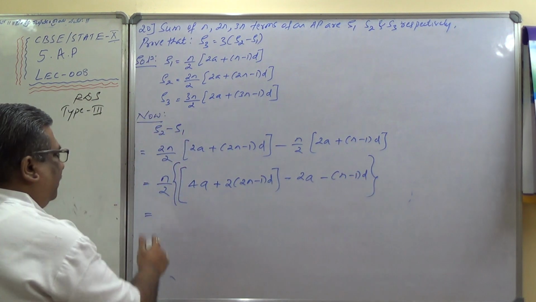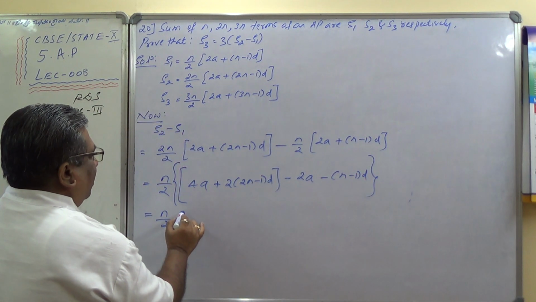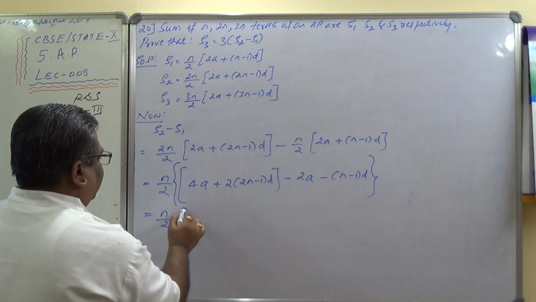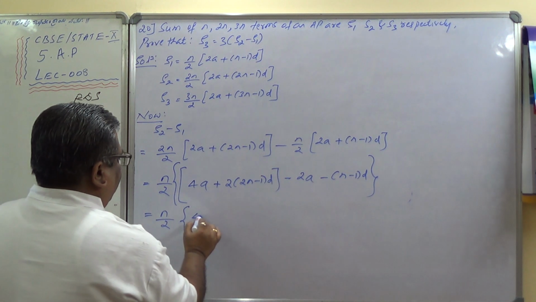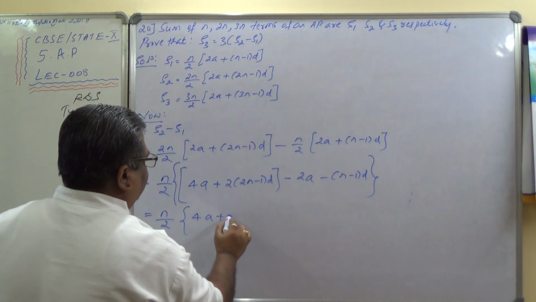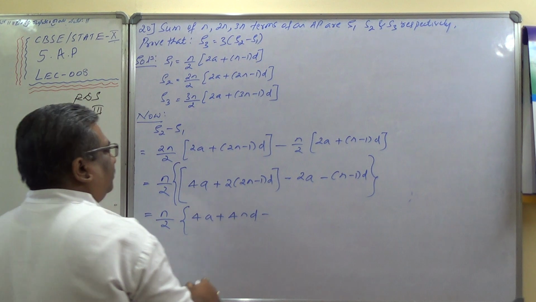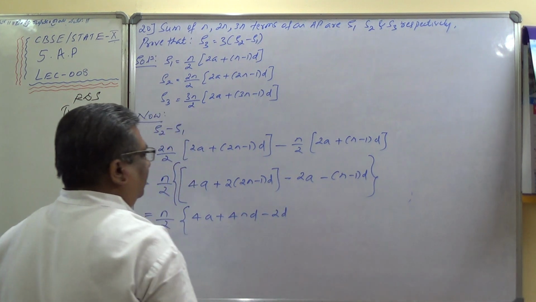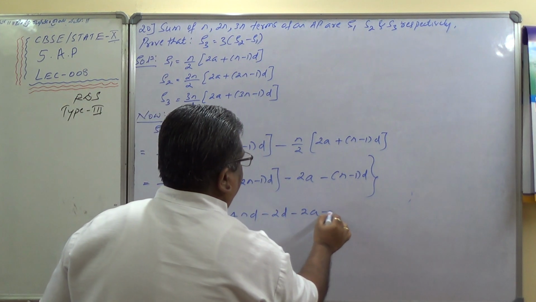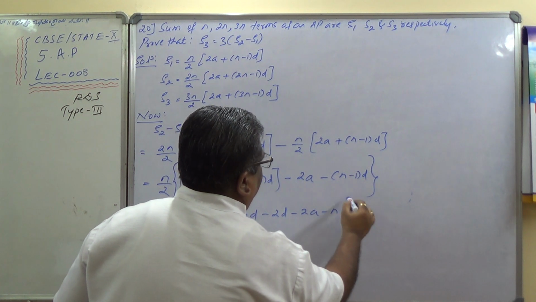It is correct. Next, n by 2. Here this part let us evaluate. 4a plus 2 times 2n into d minus 2d, minus 2a minus nd plus d.